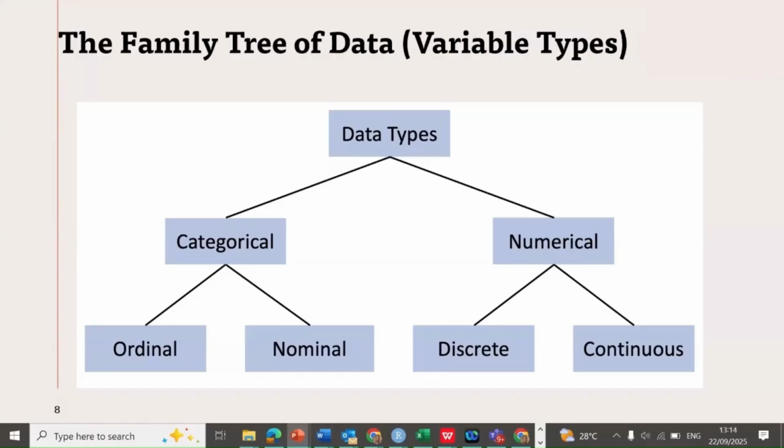Whereas continuous variables are, as the name suggests, continuous. They can have decimals in them, things like height and weight. So you can have a height of 150.5 cm or 175.6 cm. Those are continuous variables.